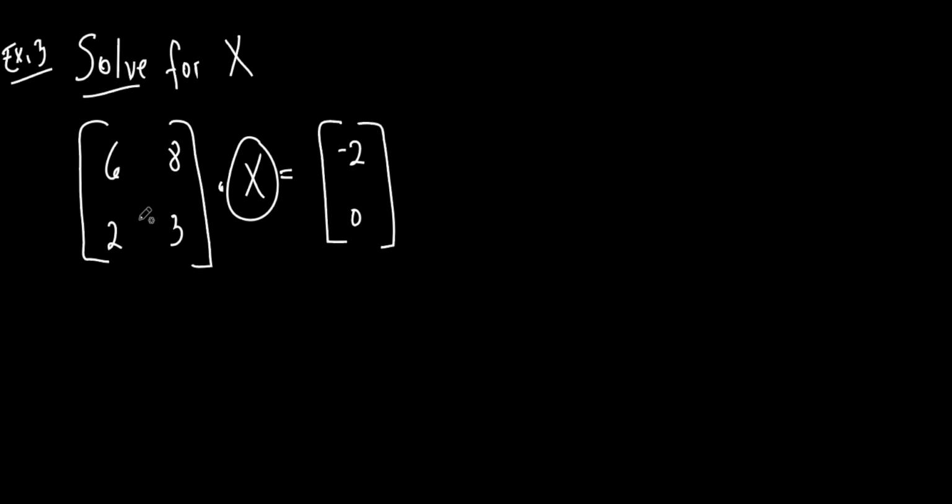I get an identity matrix, which is basically just a 1. Look, if I had 3x equals 12, I could multiply by a third, and they cancel out. So what does multiplying this by its inverse do to it? Cancels it out. Everybody see that?